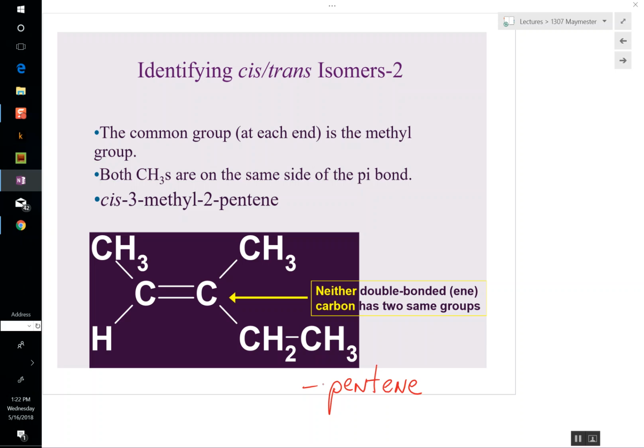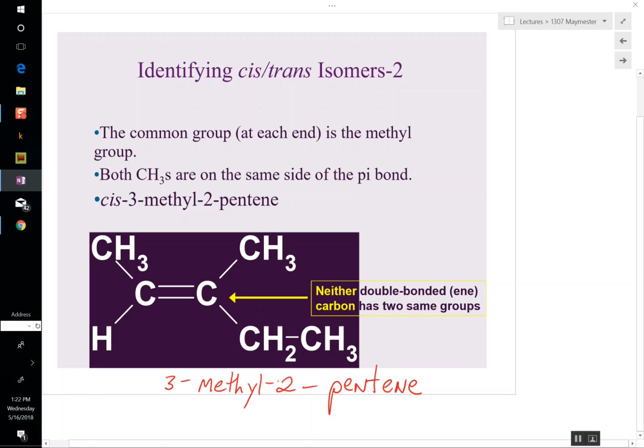Oh, before we go any further, it's 2 pentene, right? This is carbon 1, 2, 3, 4, 5. So it's 2 pentene. It's 3 methyl 2 pentene.